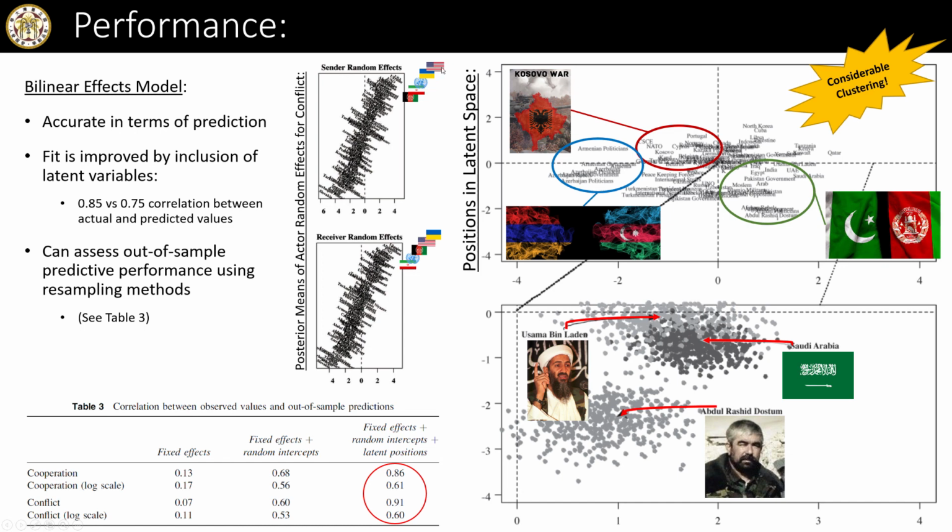For senders, we see the top is the United States, followed by Ukraine, the United Nations, Iran, and Afghanistan. And then for receiving, we have Ukraine, the U.S., Afghanistan, the United Nations, and Iran.